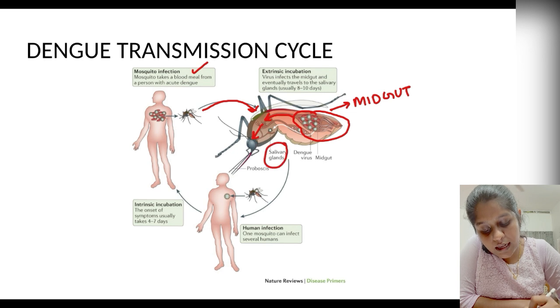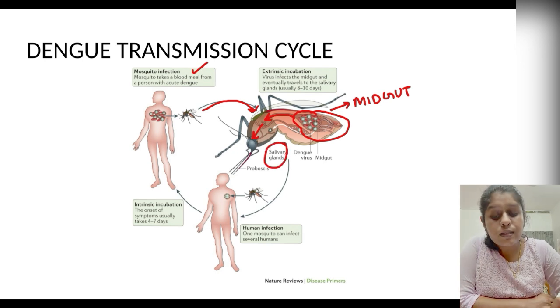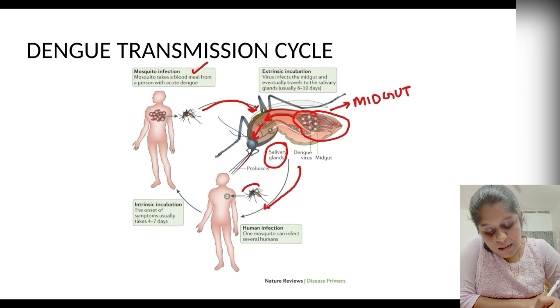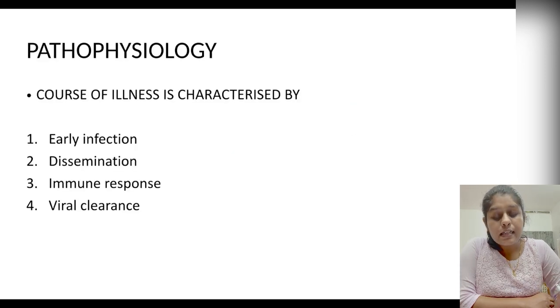So the blood drawn from the person affected with dengue has the virus, which enters the midgut and then comes to the salivary gland. From the salivary gland, when the mosquito bites a second human, one mosquito can infect even several humans, and then the virus stays inside the body and the symptoms will usually take 4 to 7 days to appear.